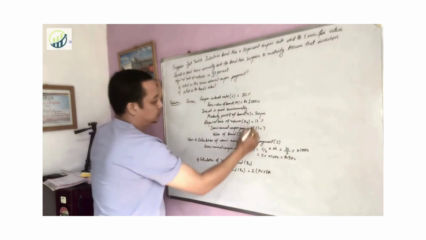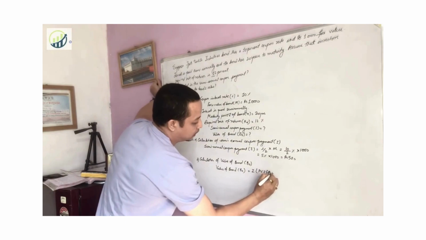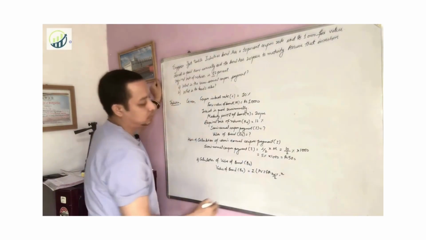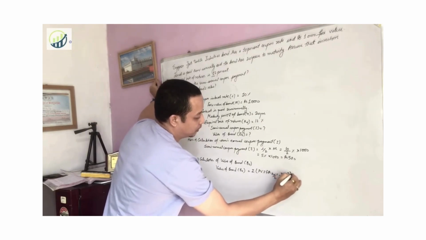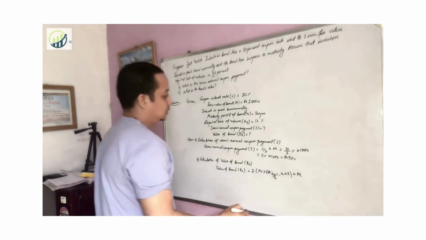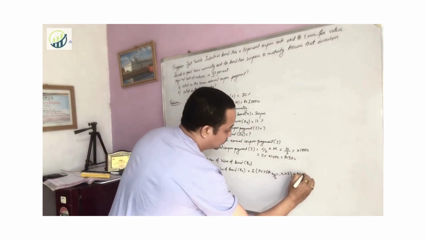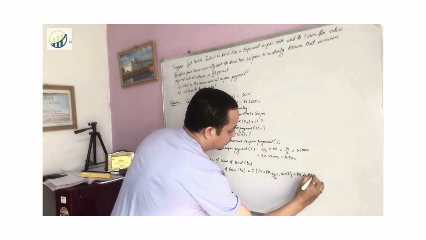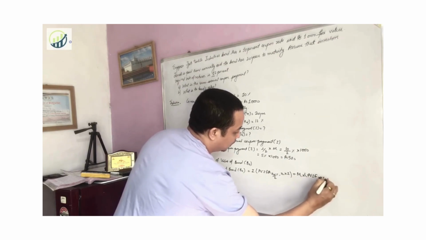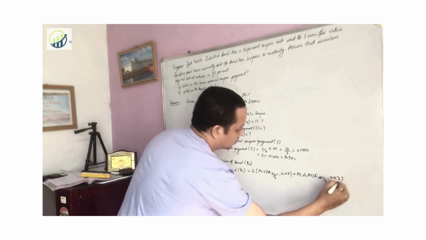Your required rate of return is 12%, so it should be divided by 2, and the time factor, maturity period, should be multiplied by 2, plus maturity value, that is face value M, which is multiplied with present value interest factor, required rate of return divided by 2 and N into 2.